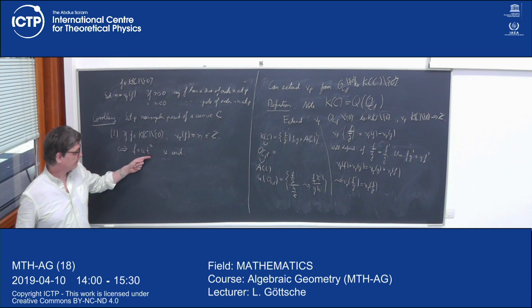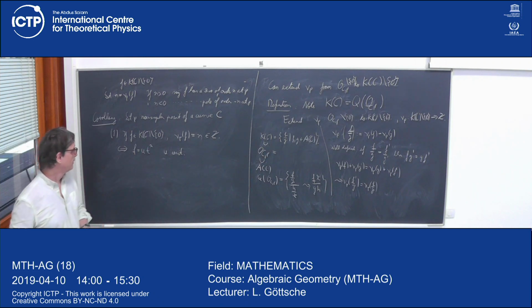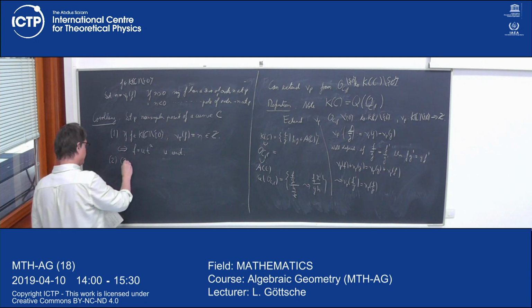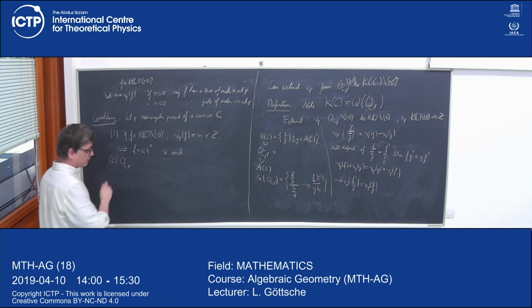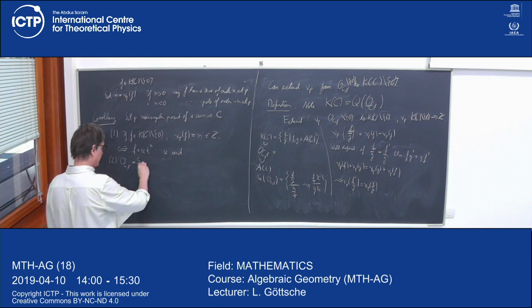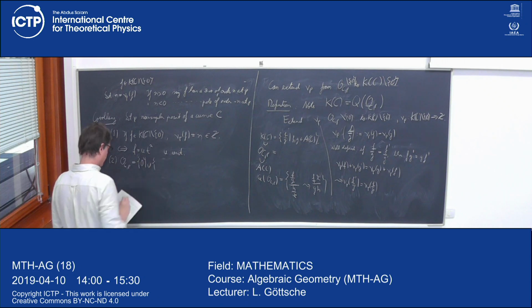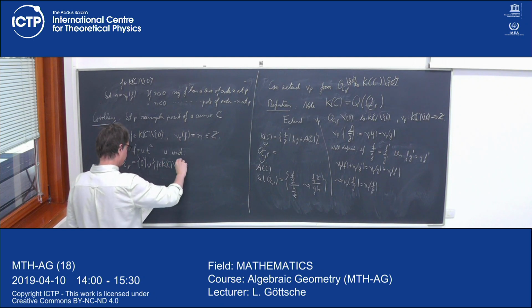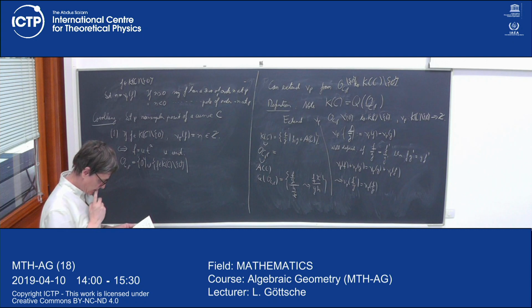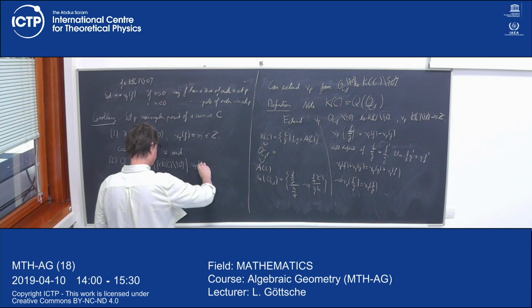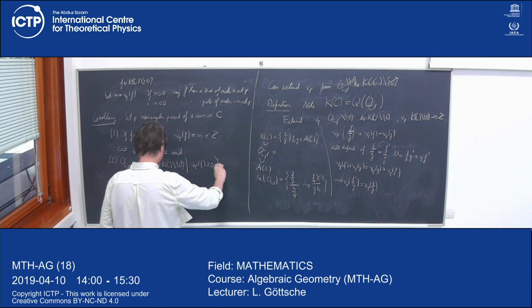The same thing for positive numbers we had before. The second statement is that OCP, the local ring of C at P, consists precisely of 0 union the set of all f in KC without 0 such that nu p of f is bigger or equal to 0.